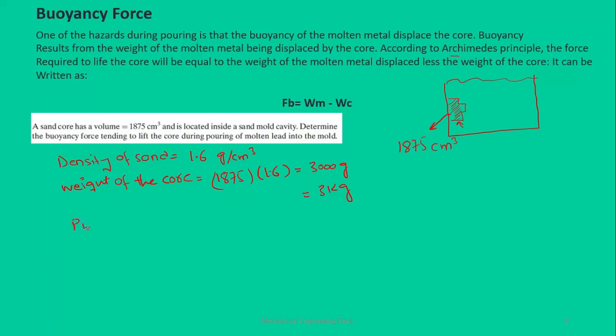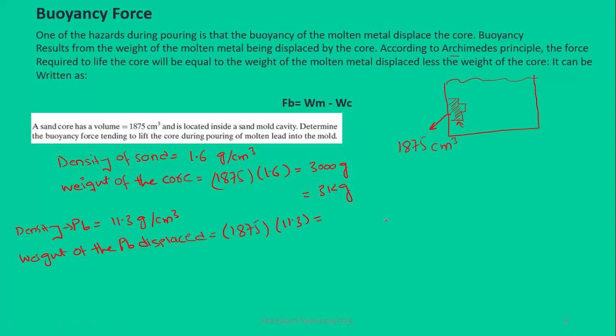The molten metal that is being poured is the lead, and the density of lead is 11.3 grams per centimeter cube. So the weight of the lead displaced by the sand core is equal to the volume, obviously the volume would be the same, into the density of the lead.